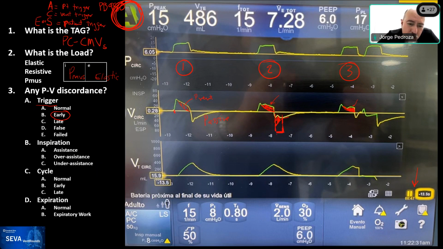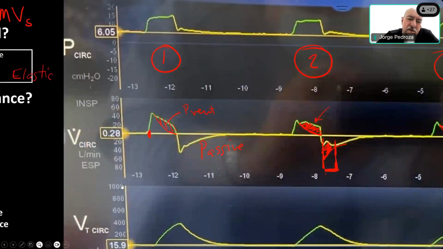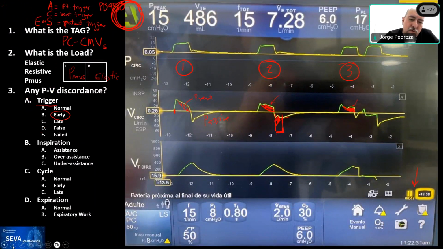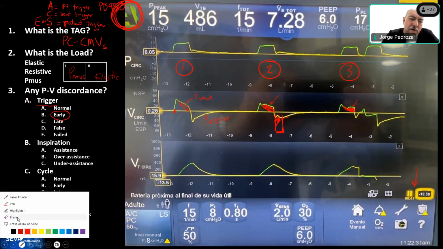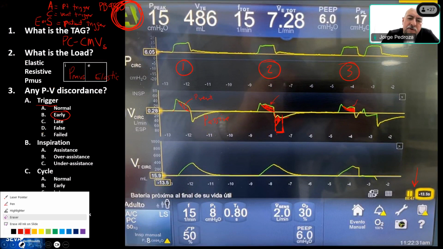In breath number 1, you see that's the ventilator, but it looks like in the place where the triangle becomes a curve, there's where the patient's muscular effort starts, and it goes way down, maybe a little to the place where the flow ends. But it is very easily seen in breath number 2. In breath number 2, the inspiration.